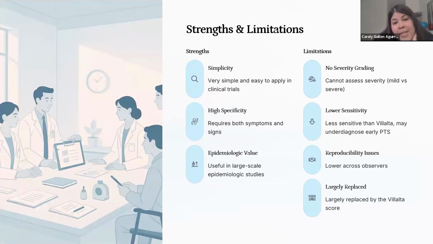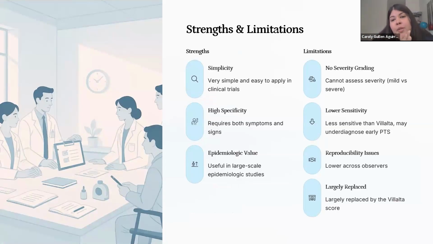The strength was the simplicity. It was very simple and easy to apply in clinical trials. It had high specificity because it required both symptoms and signs. And it had epidemiologic value, useful in large-scale epidemiologic studies.